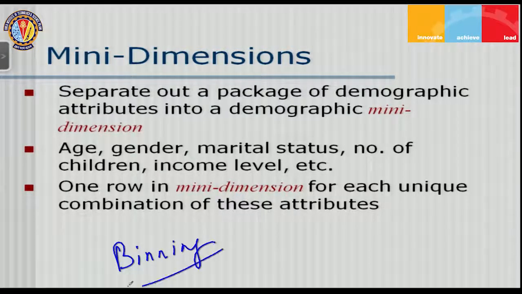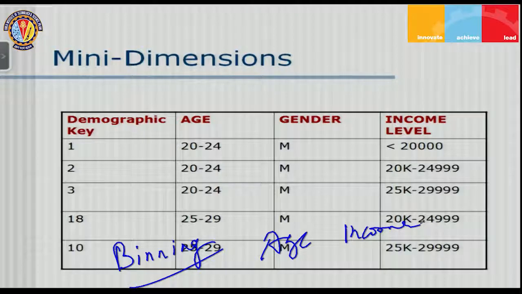Binning, you understand? Binning is basically a concept where you group together values, and we do this for age and for income. More on this in the next slide. You can see here we have done bracketing, binning, discretization.